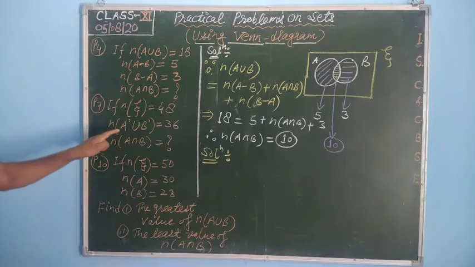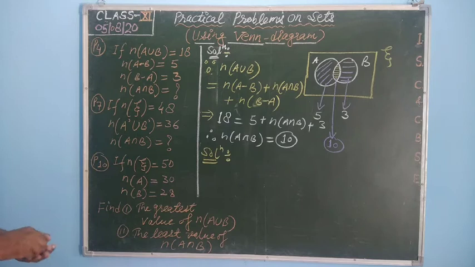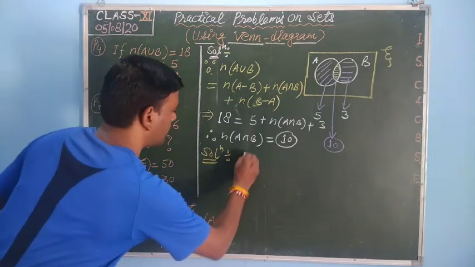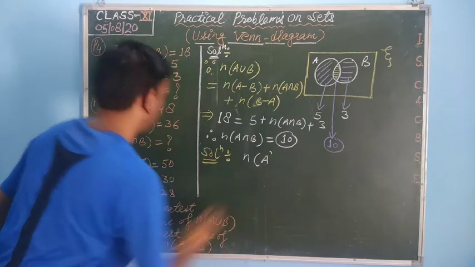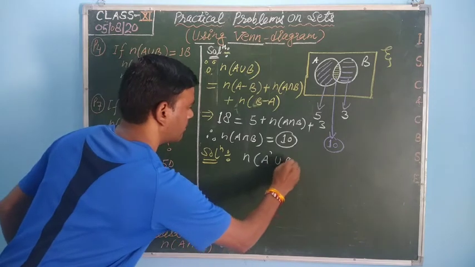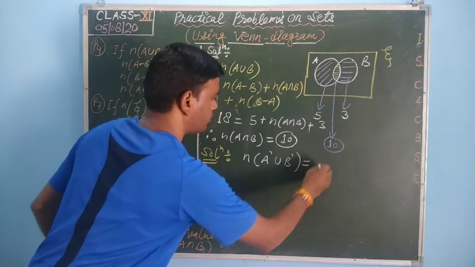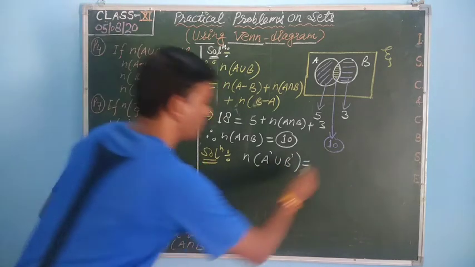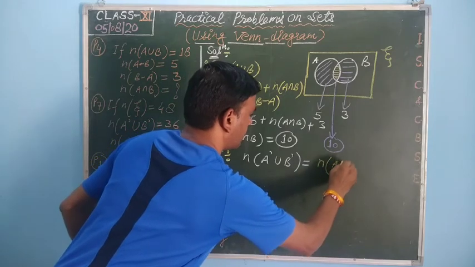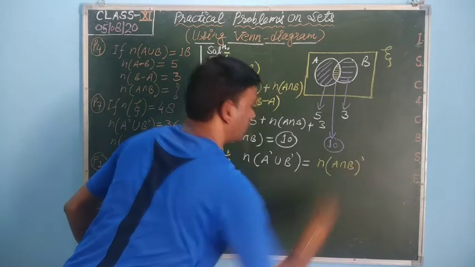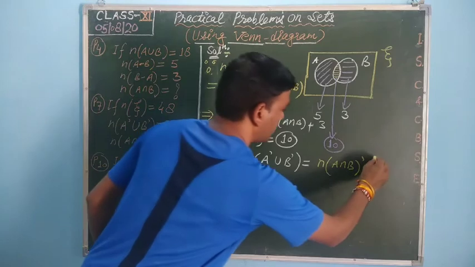You better know that n(A dash union B dash) is equal to n of (A intersection B) whole dash, using De Morgan's law.